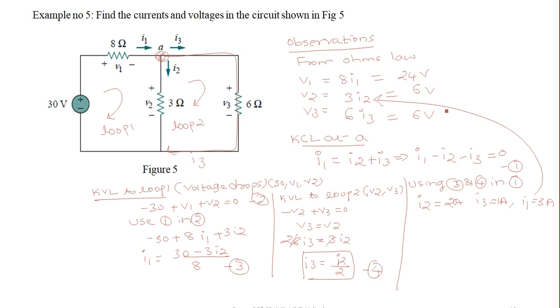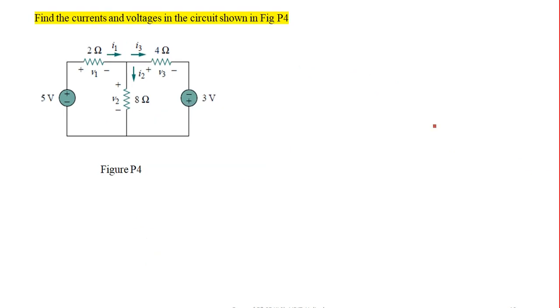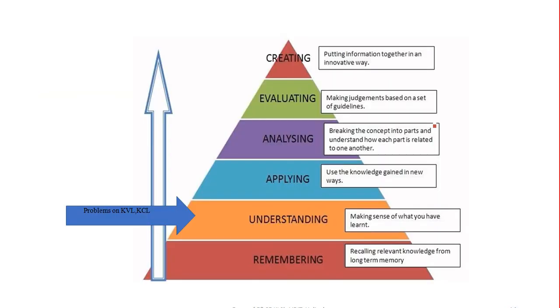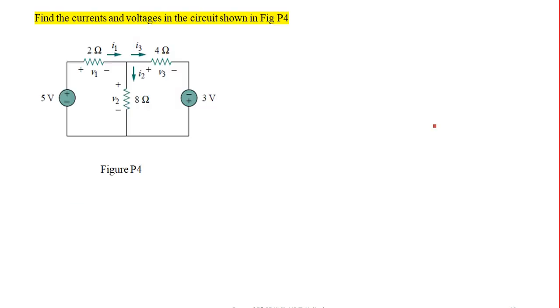I2 is 2, I1 is 3 and I3 is 1 amp. Okay, I hope this is clear to you. Next there is another practice problem mentioned for you. And as I told you, after every class we are attaching the Bloom's level definitions here, so you can go through these things.